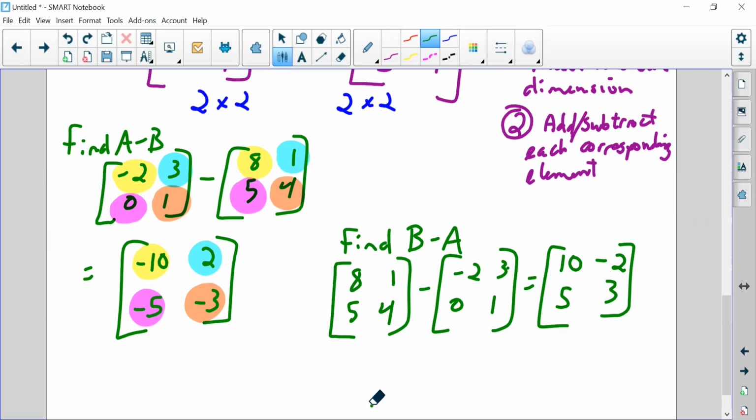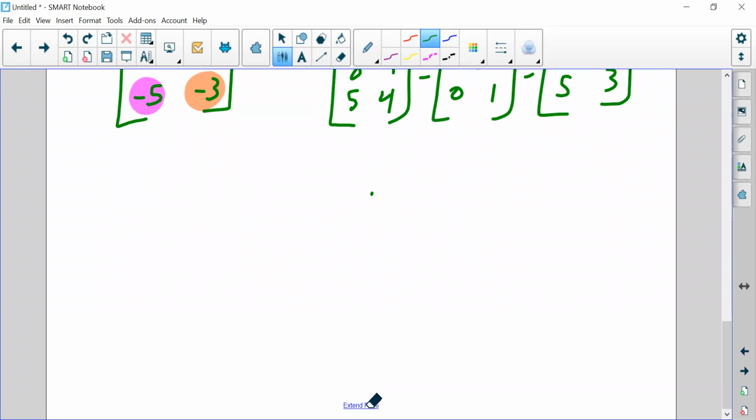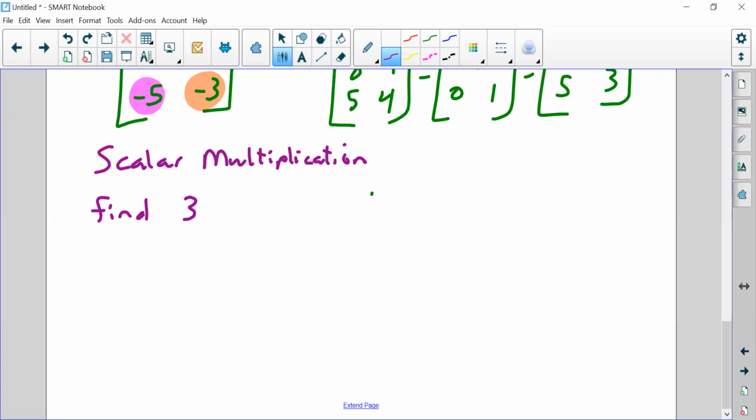Our next operation we're going to look at is scalar multiplication. And that just means multiplying a matrix by some number. That's all scalar multiplication means. So let's find 3A.